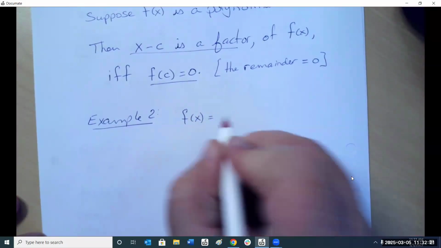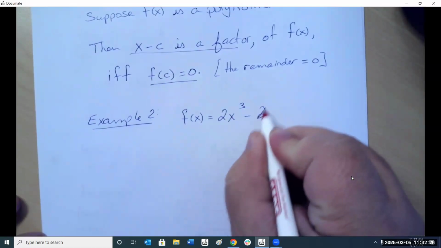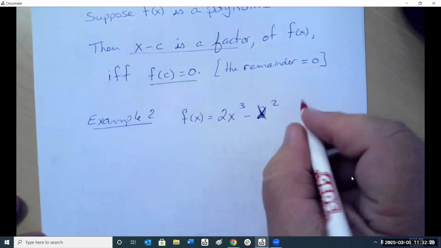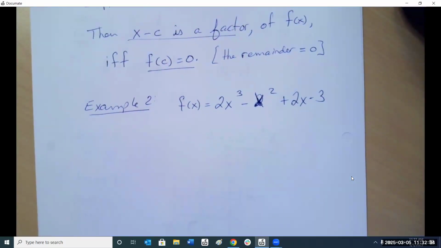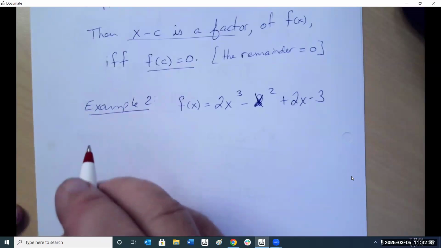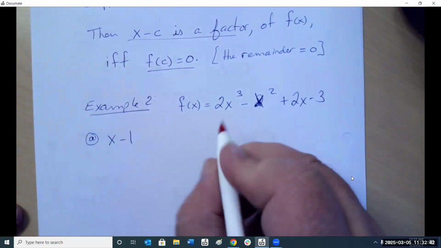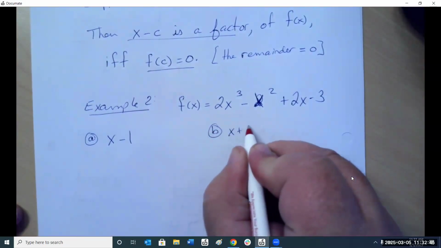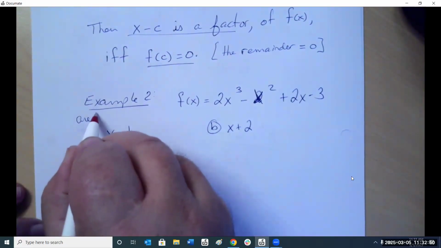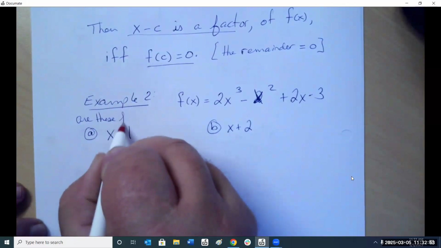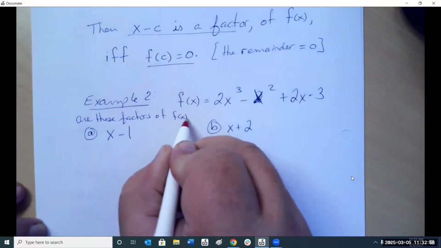Our f of x is equal to 2x cubed minus x squared plus 2x minus 3. Are these factors of our function?